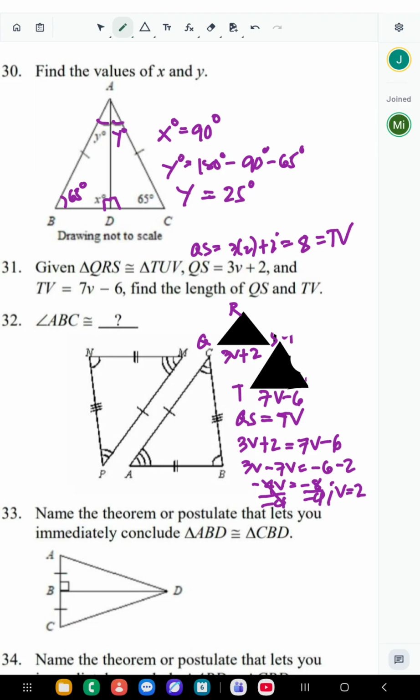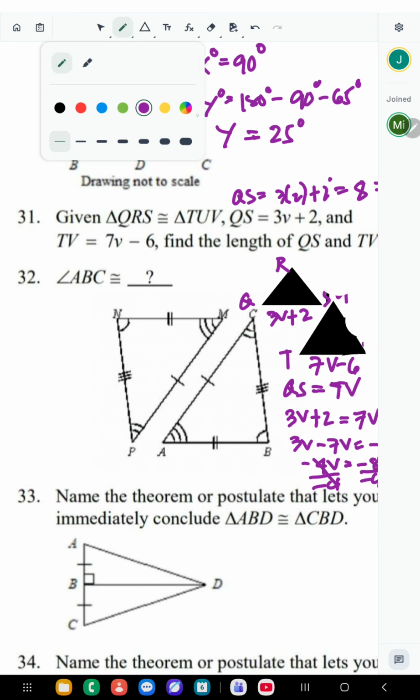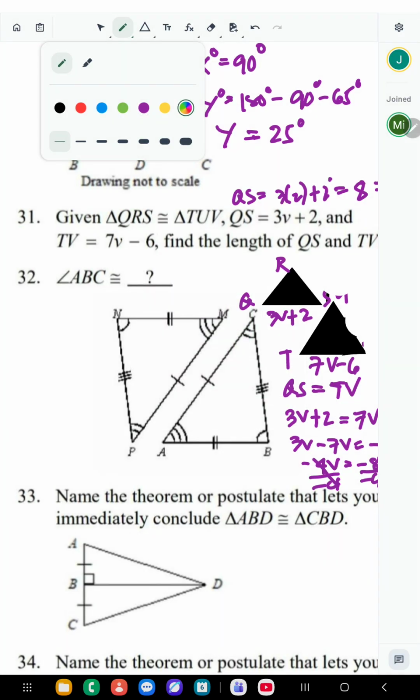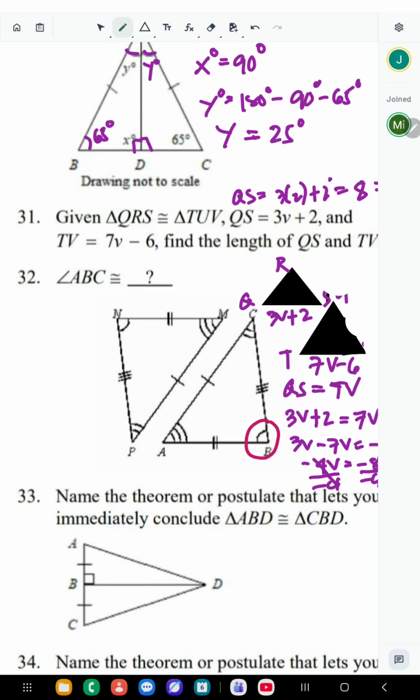Okay, then number 32. Let's use a different color. Find angle ABC, this angle here. It's indicated that angle ABC is congruent to what?